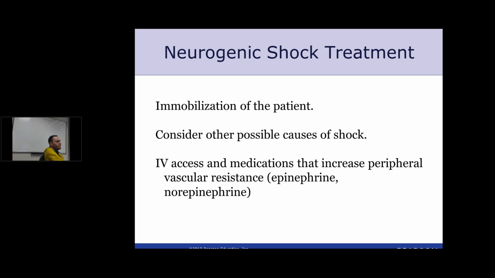Because if they're in an incident traumatic enough to sever their spine, it certainly can cause internal bleeding, and so you can think of other things as well. And then we talked about it's easy to treat neurogenic shock. If it's pure neurogenic shock, when you give those pressors, their blood pressure comes up pretty quickly.